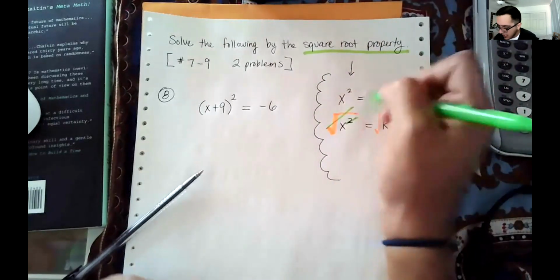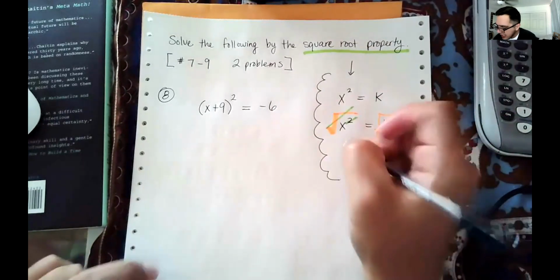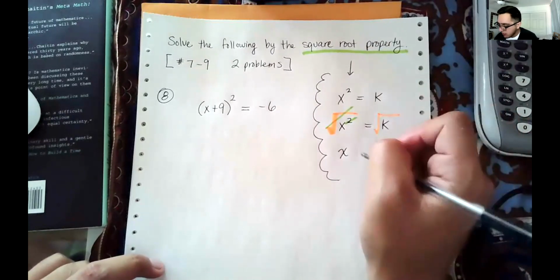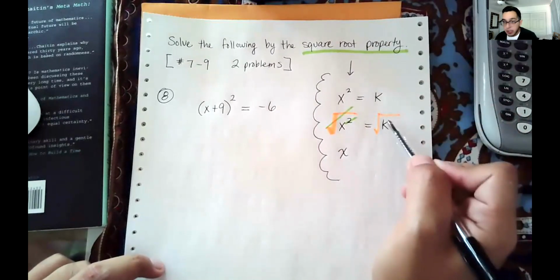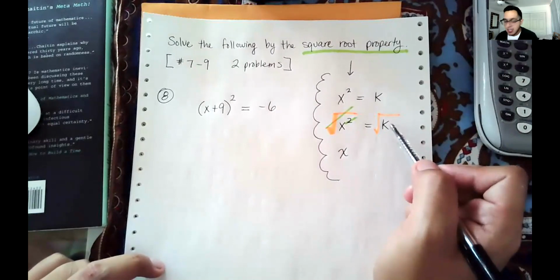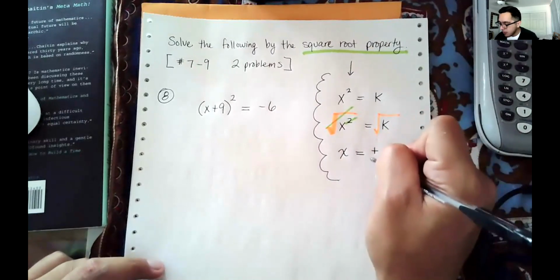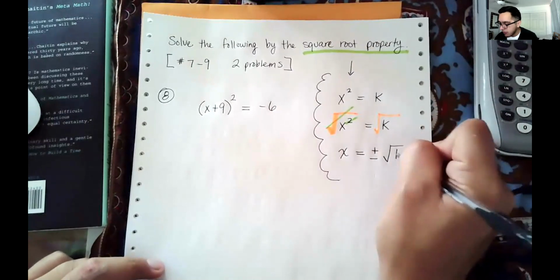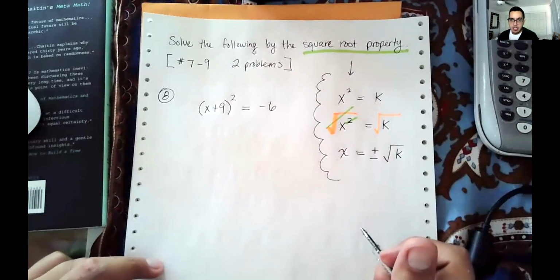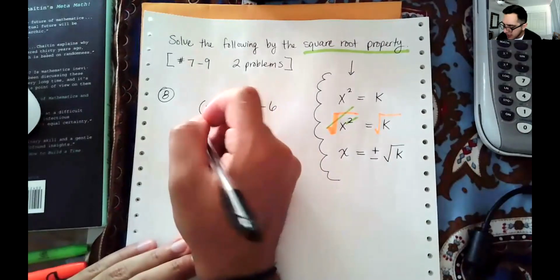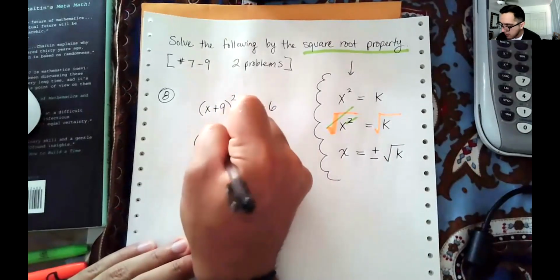So these would cancel out, and that would leave us with x over here. But the thing we have to watch out for is that if this is a term that we can take the square root, we'll have to simplify that. And also, you will get 2 solutions, plus or minus the square root of whatever we have over here on the right-hand side. So if I was looking at a problem like this, I would probably go ahead and rewrite it.